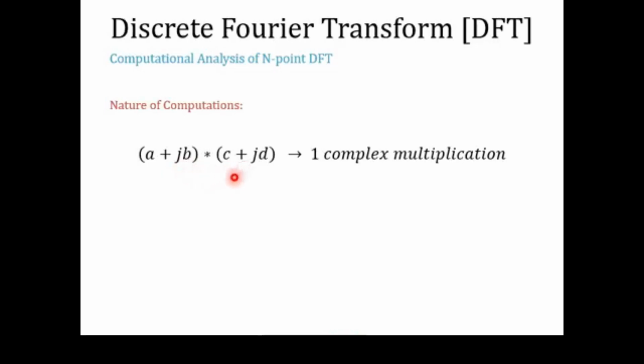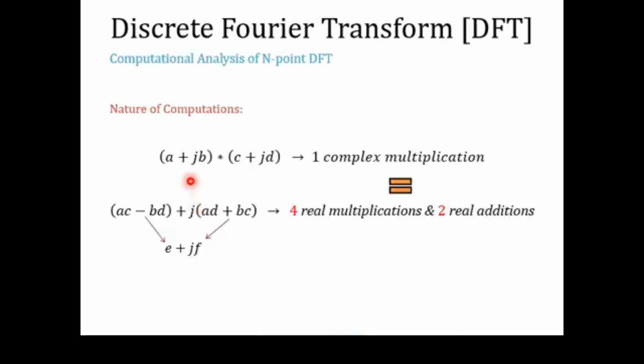So just multiply these two complex numbers. On multiplying these two complex numbers and then rearranging their terms, we will get this one, AC minus BD plus J times AD plus BC, which can further be simplified in order to get the final result. AC minus BD will make the real part of the final complex number, and AD plus BC will provide the imaginary part of the final complex number.